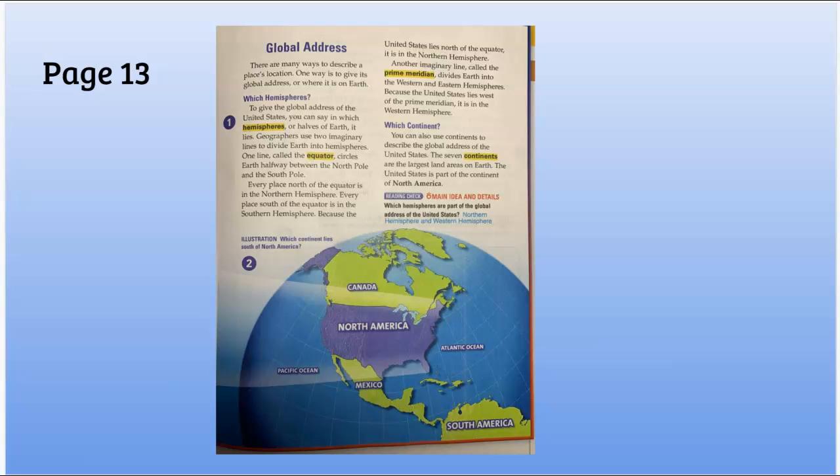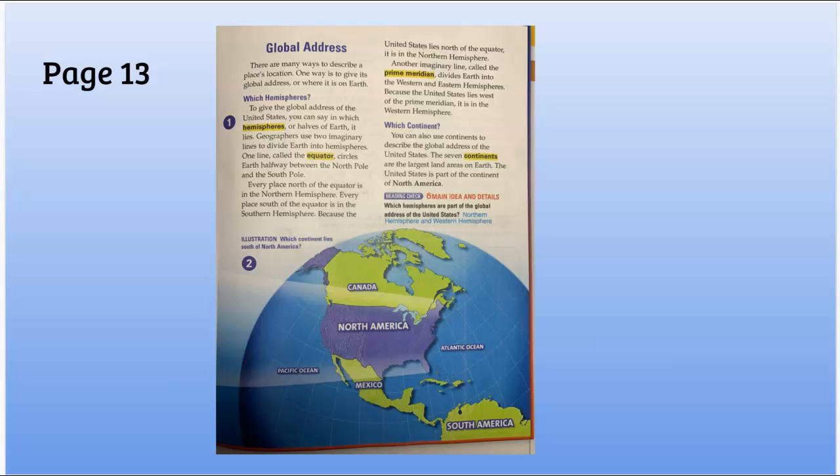So at the top of the page, it says there are many ways to describe a place's location. One way is to give its global address, or where it is on Earth. Which hemispheres? To give the global address of the United States, you can say in which hemispheres or halves of Earth it lies. Geographers use two imaginary lines to divide Earth into hemispheres.